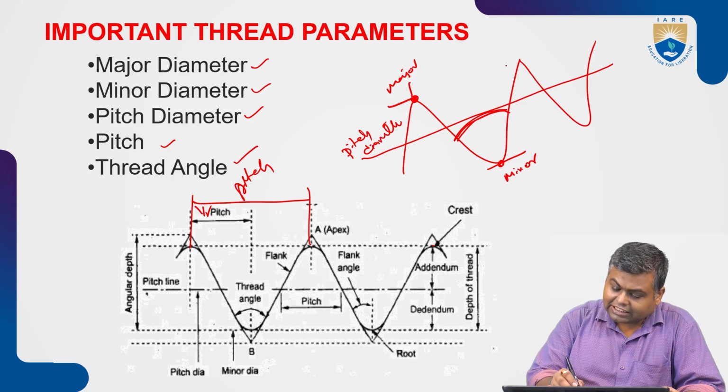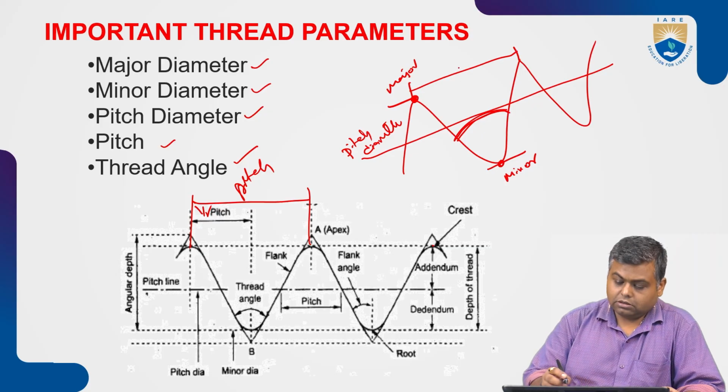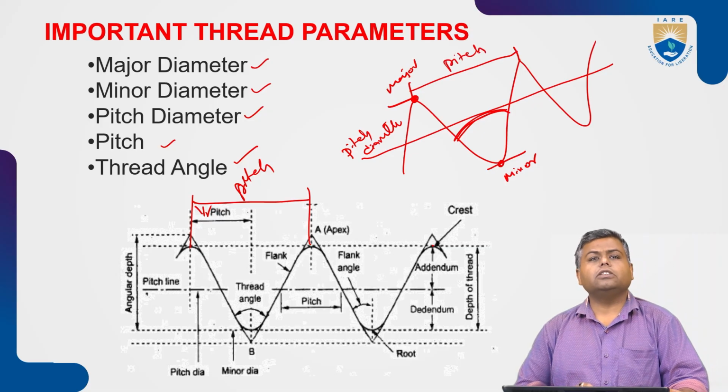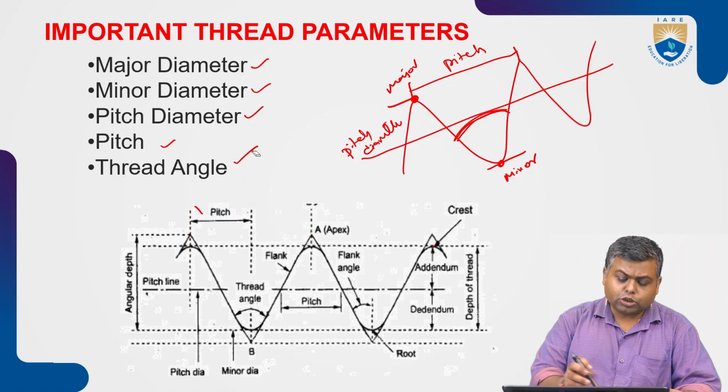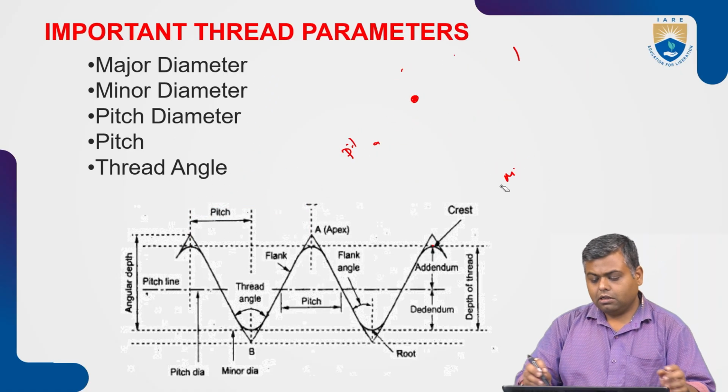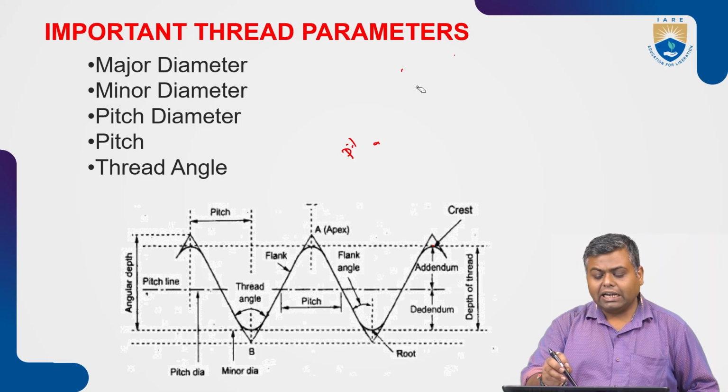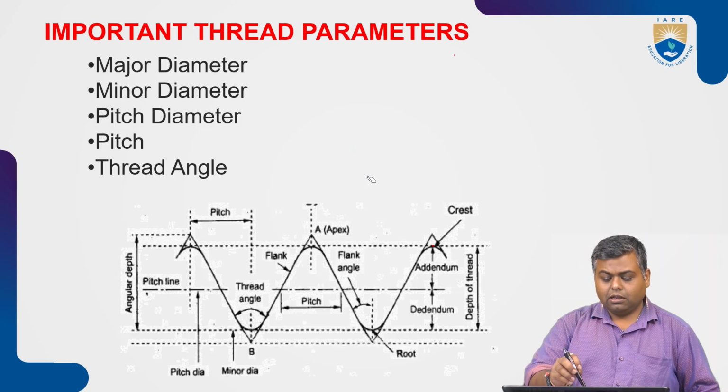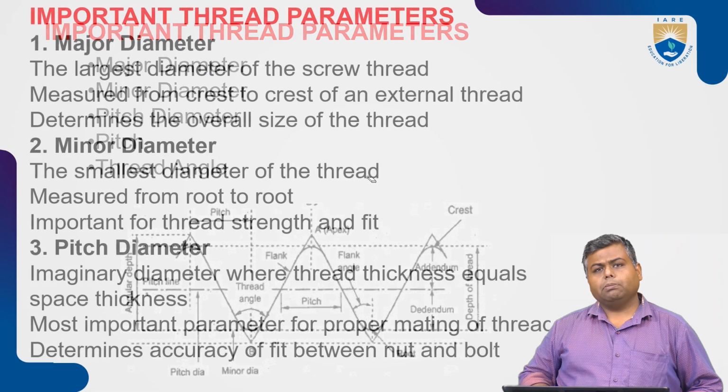The pitch is the distance between two successive crests. So these are the major terminologies we use in the screw, and we also determine how they are measured with different types of instruments present in the metrology department.